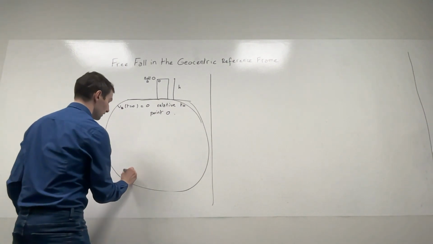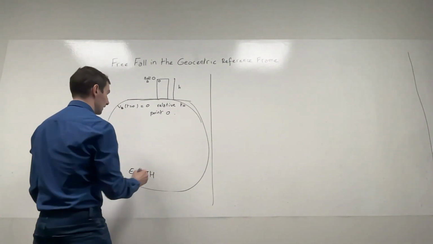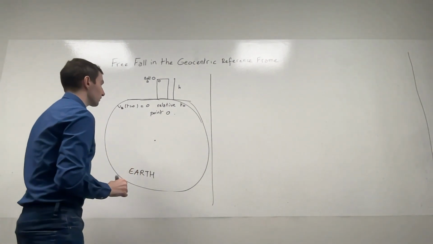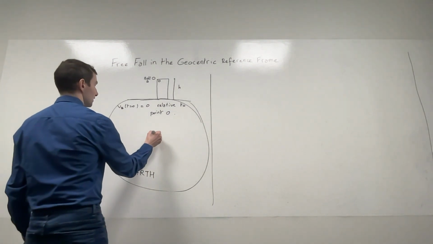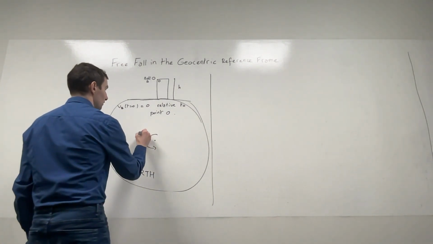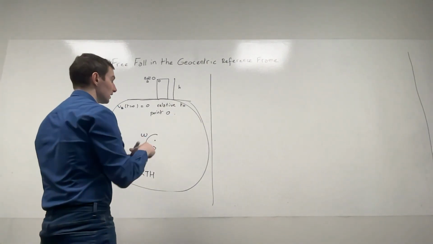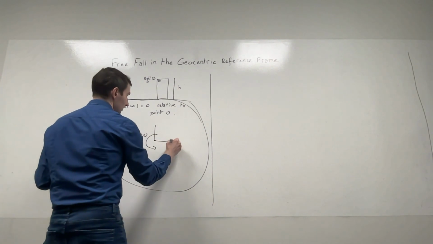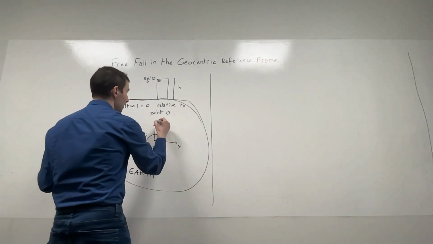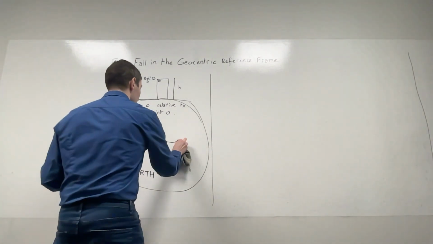The whole thing here is the Earth, and then you've got the center of the Earth here, and you've got the rotation omega of the Earth that is spinning here, and you've got a set of axes that are fixed like this. So you've got, let's say, x, y, and z.